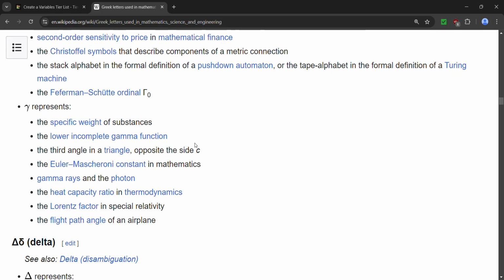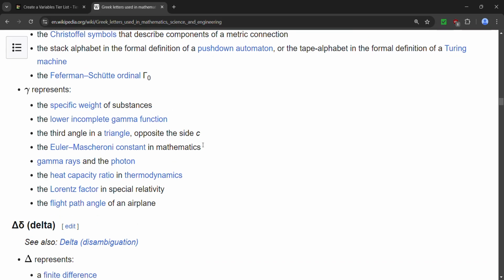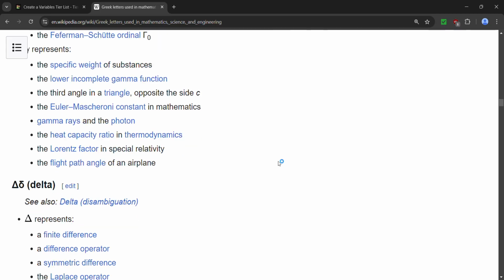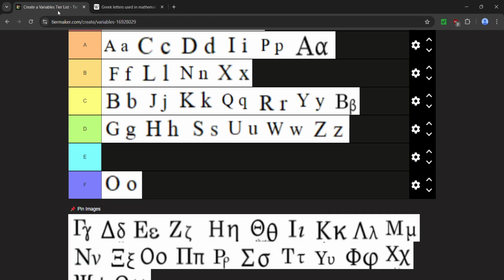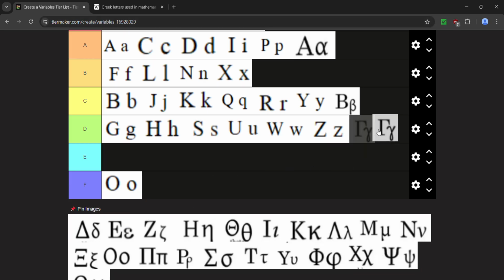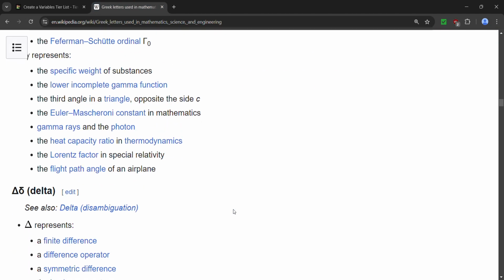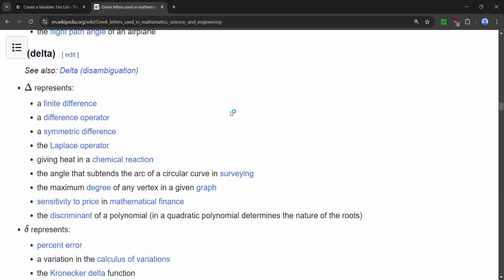It's actually not that interesting, but okay. Gamma rays, right? That's pretty big. The Lorentz factor, I like the Lorentz factor. The heat capacity ratio, I guess, is kind of important, but yeah, I think there isn't a ton going for this. C or D tier. I'm sorry, this is D tier. I'm sorry, gamma.